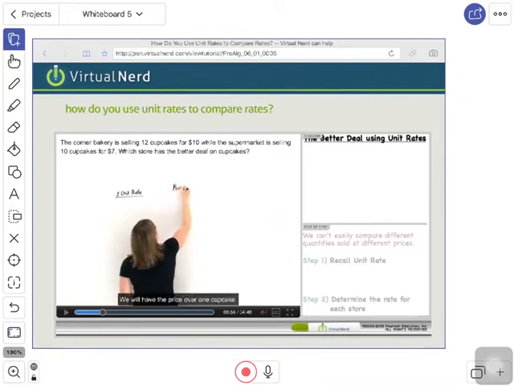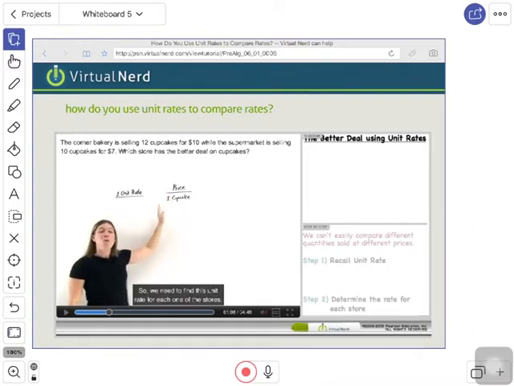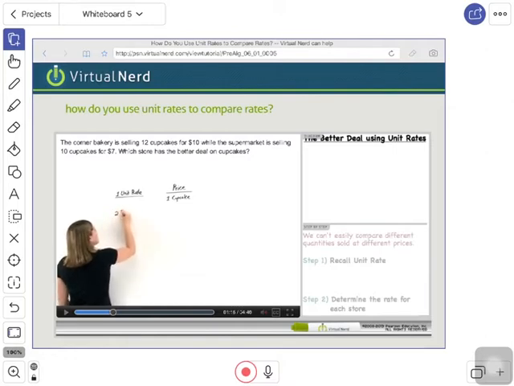We will have the price over one cupcake. We write a fraction that looks like this. Here we have the price of one cupcake. So we need to find this unit rate for each one of the stores. But to do that, we first need to actually find the rates for each store. So let's do that first.